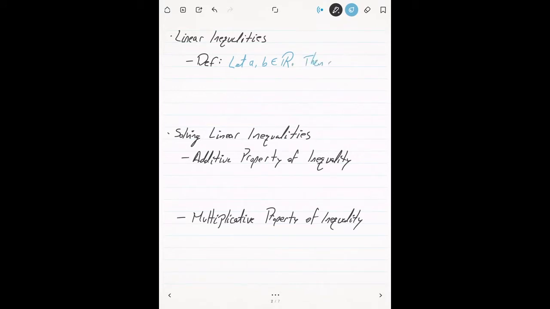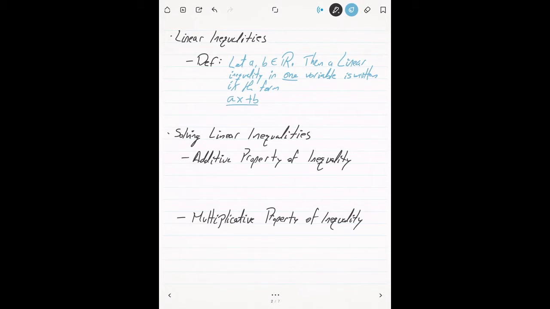Then a linear inequality in one variable, that's important, we're only working with one variable at this time, is written in the form a times x plus b. Now this is the form of a linear equation in one variable, a times x plus b.